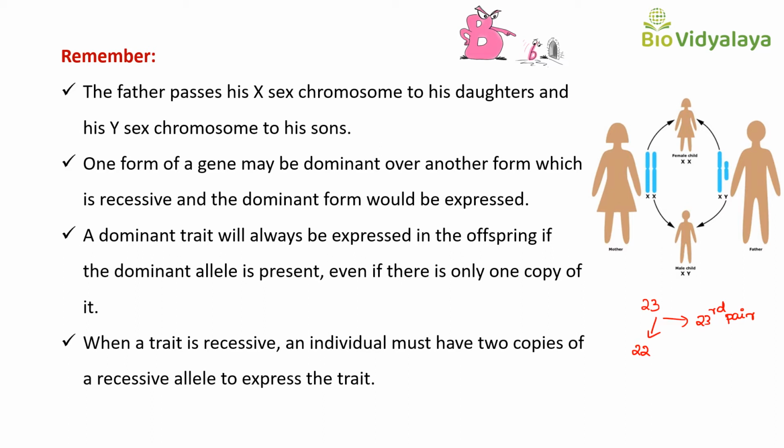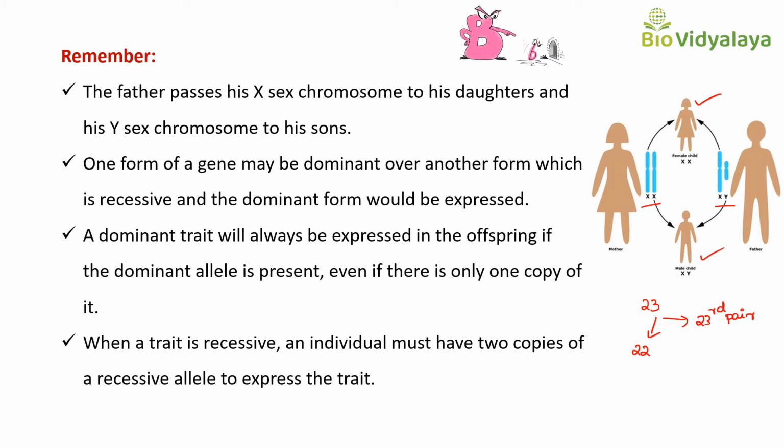Females have two copies of the X chromosome, but males have one X chromosome and one Y chromosome. The father passes the X chromosome to his daughter and the Y chromosome to his son. So the father determines the sex of his kids.